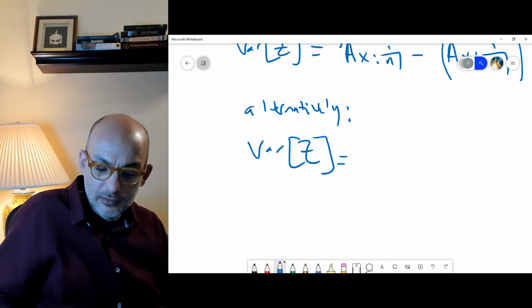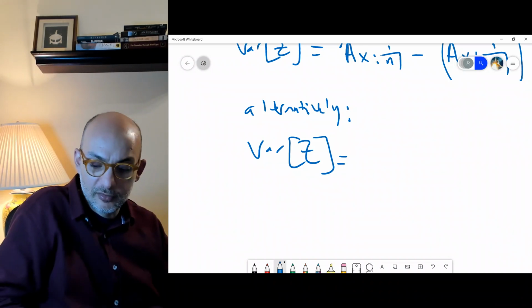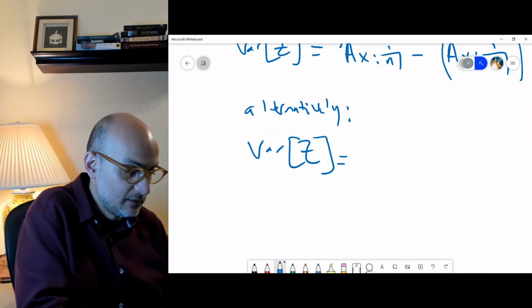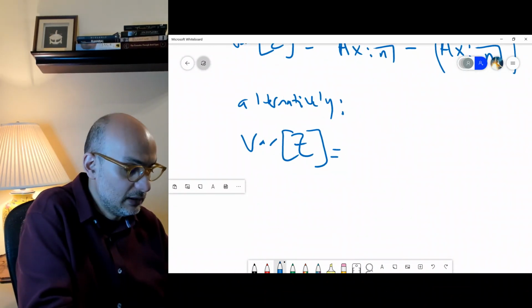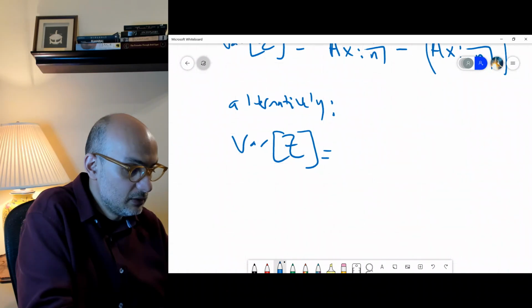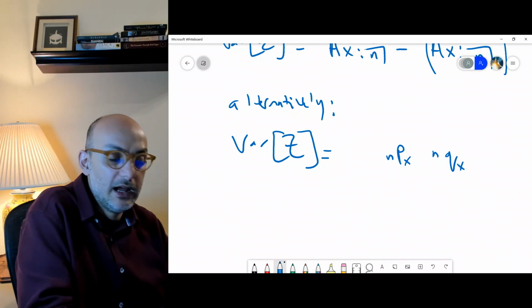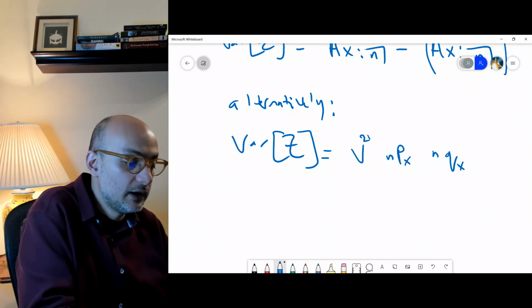So this distribution you can simply write as p x and n q x, the probability to survive and the probability of death, multiplied by v^2n.